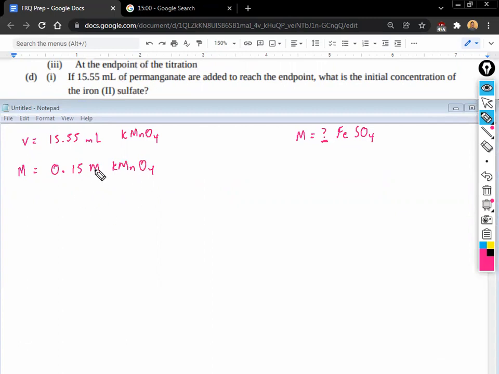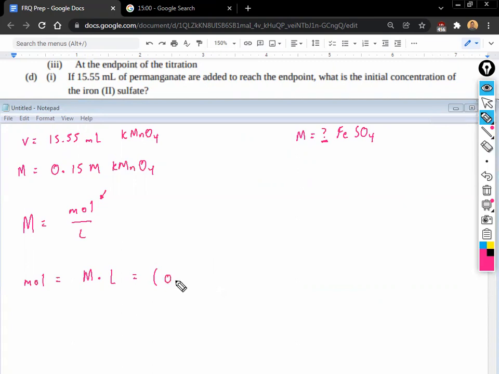Okay, now we know that the molarity formula is moles over liters. So here we're going to be looking for the moles because then we can do a conversion using the balanced equation, right? We can calculate this by doing moles equals molarity times volume. All we need to do is plug it into our calculator. Oh, we have to convert this into liters first.